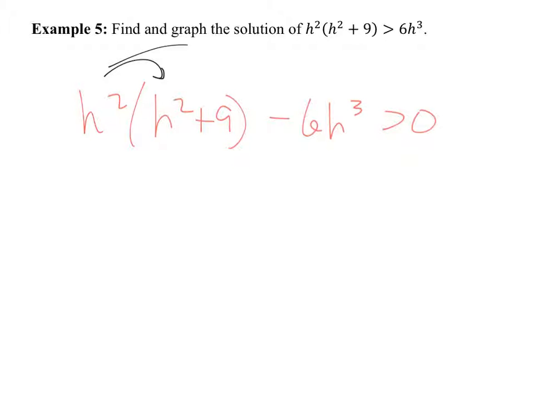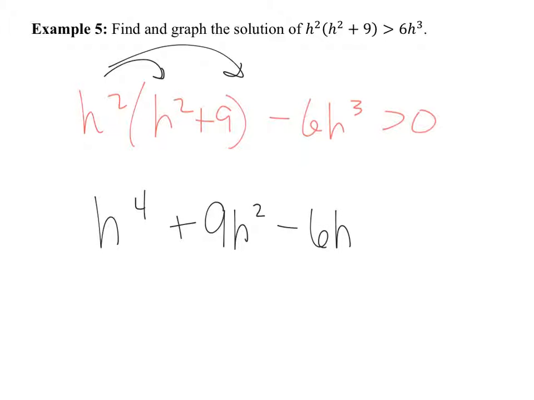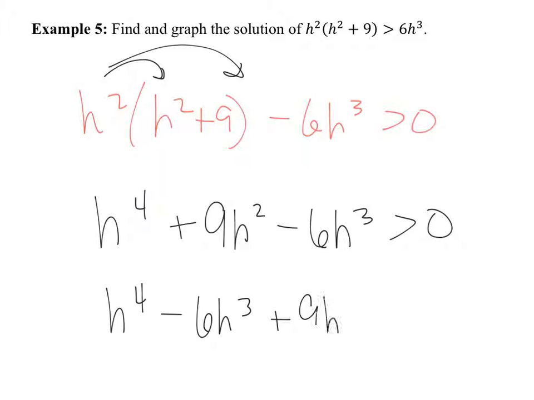If I distribute h squared, it becomes h to the fourth plus 9h squared minus 6h cubed. Well, let me put this in the correct order. H to the fourth, whoops, minus 6h cubed plus 9h squared.